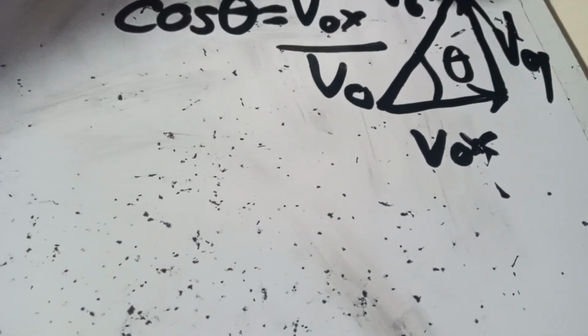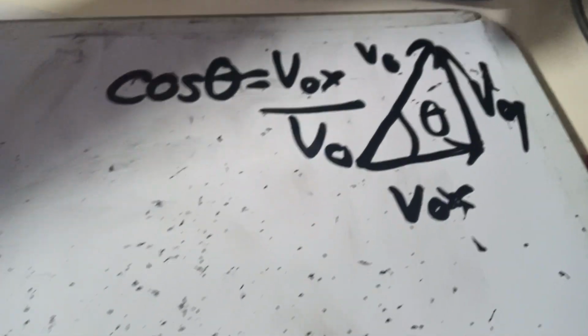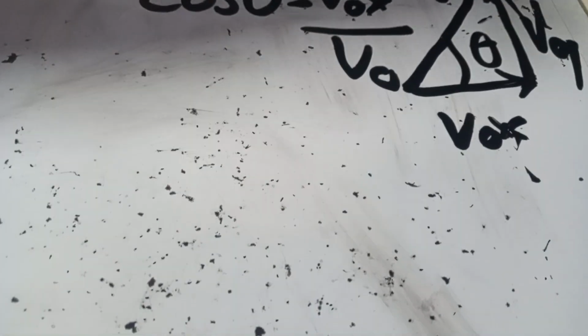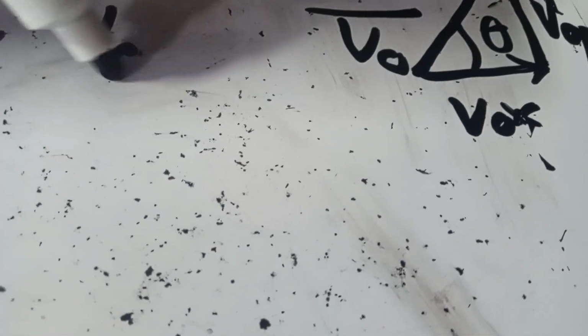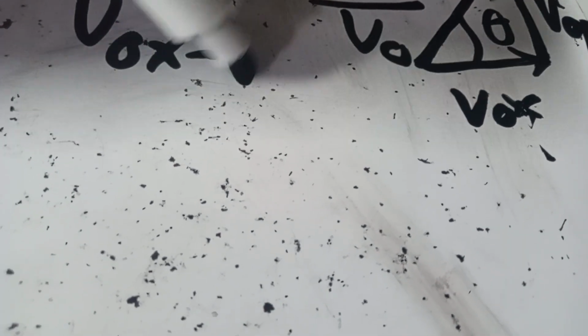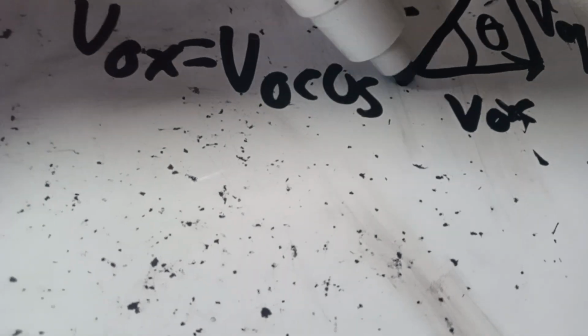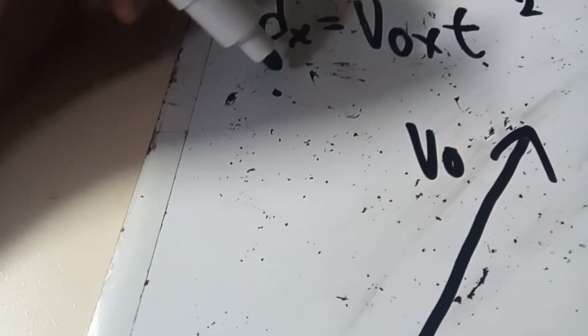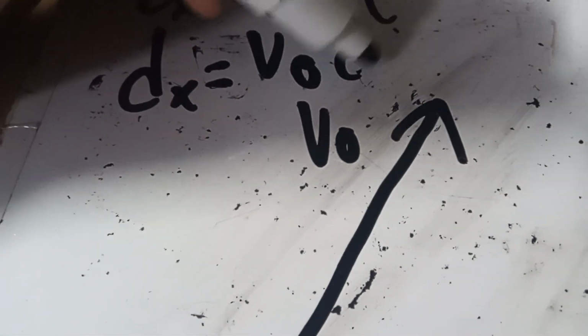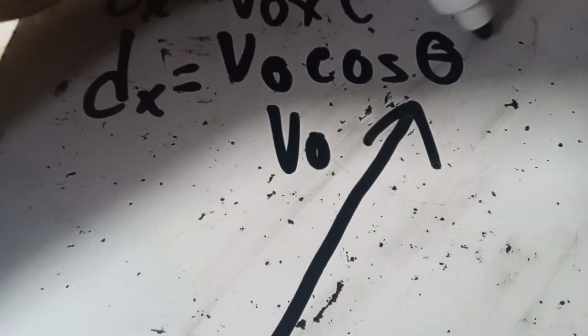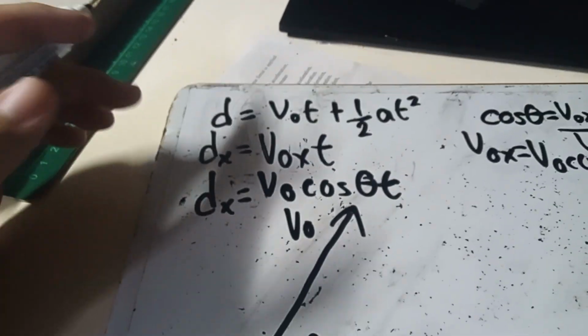This is your adjacent and this is your hypotenuse. So rearranging, we will get v initial x is equal to v initial times cosine theta. Substituting back, we get dx is equal to v initial times cosine theta times time. And that's the first formula.